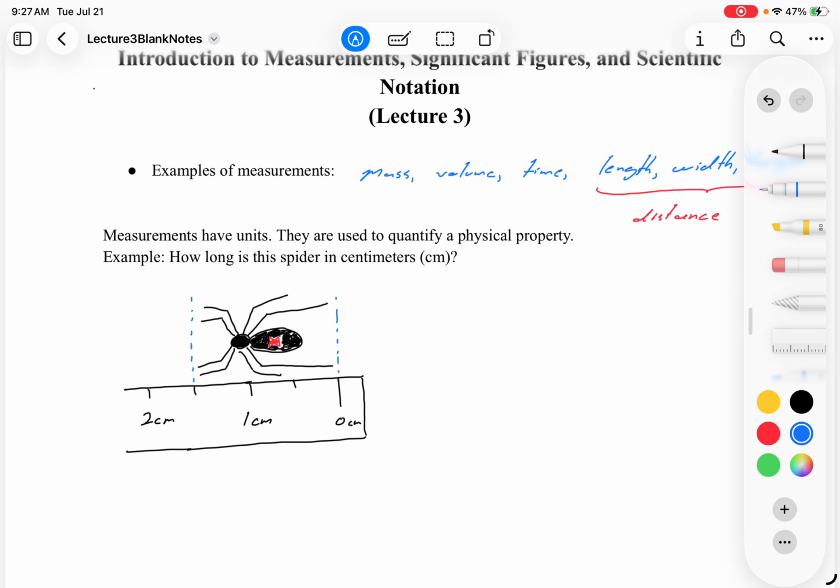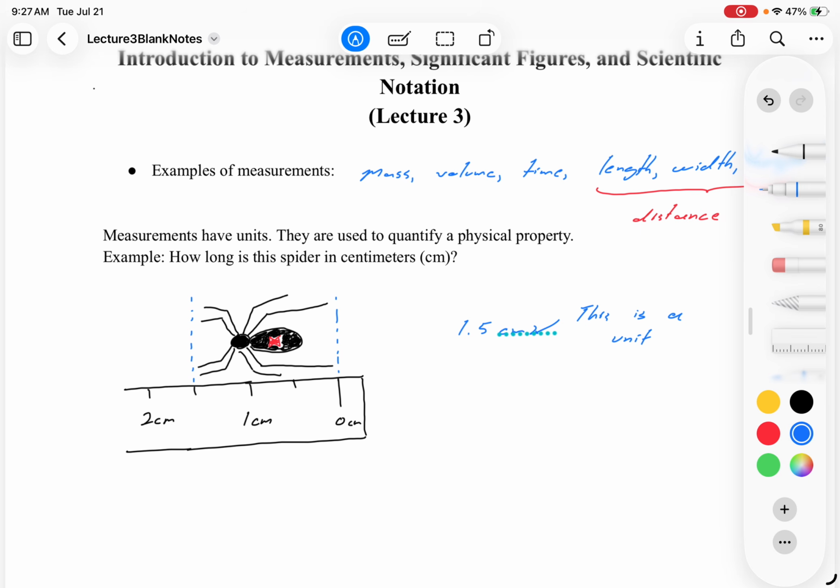So we're going to say it's 1.5 centimeters long, right? This here, your centimeters, is a unit. That's going to be your unit.